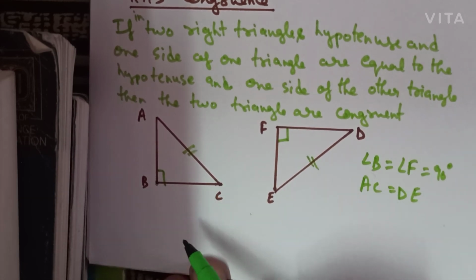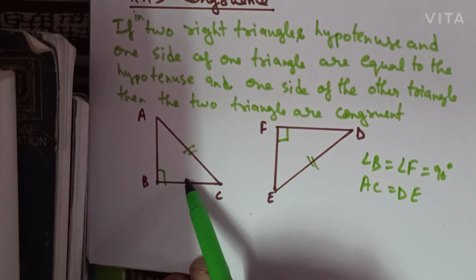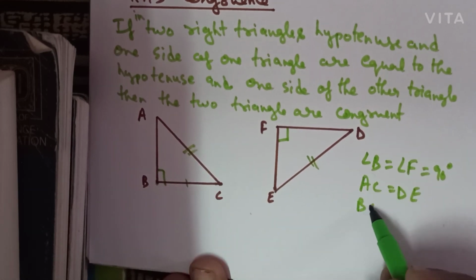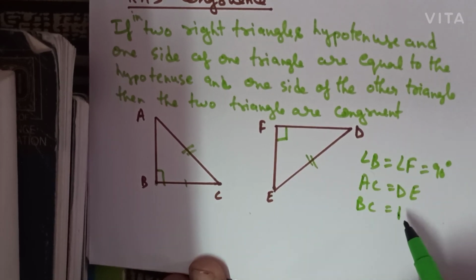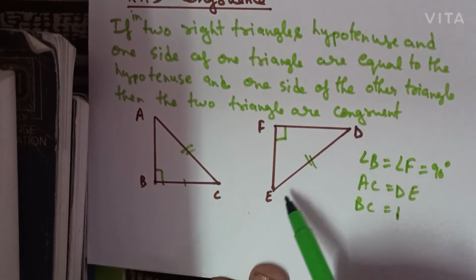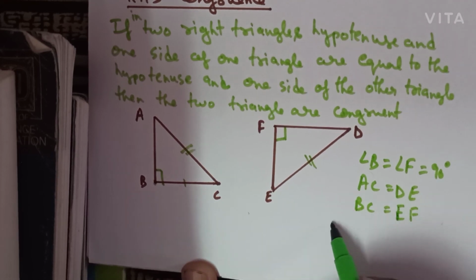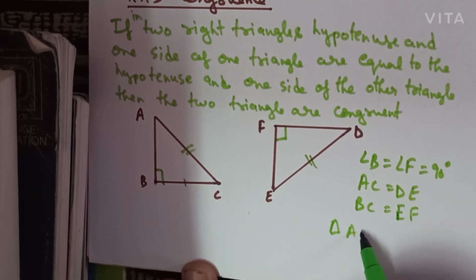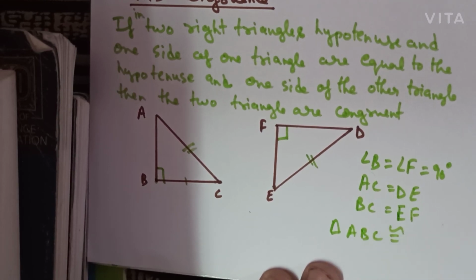So let's say, for example, BC is also equal to EF. Then in this case we say that triangle ABC is congruent with triangle DFE.